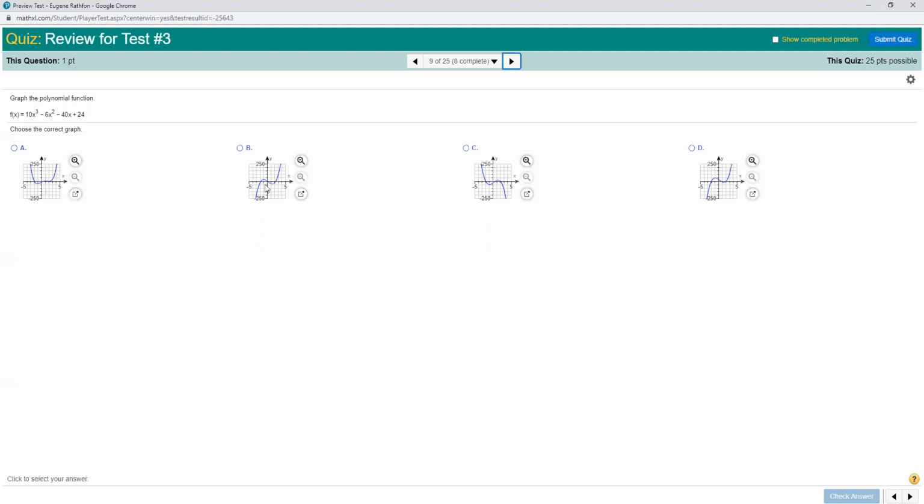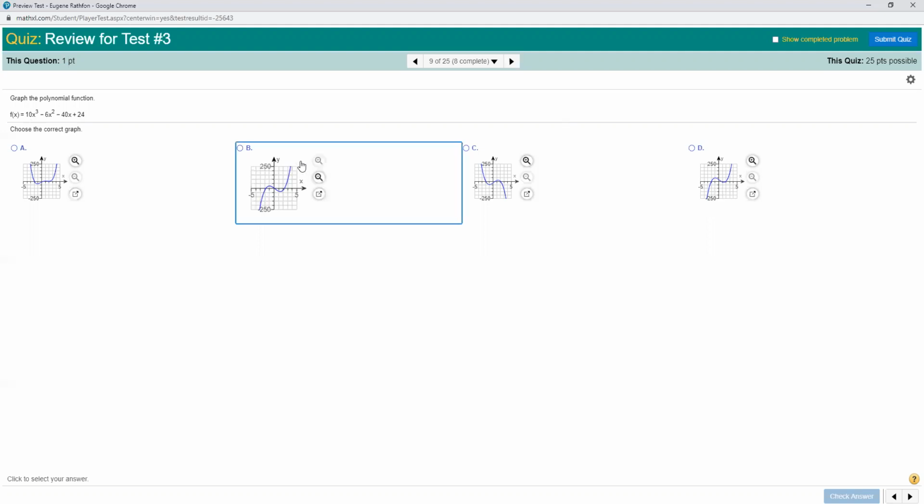Well, look at this. B is going uphill left to right, and D is going uphill left to right. So when they both go uphill left to right, you want to look at that last number, which is 24, because that's the y-intercept. So does B look like it's crossing 24, or does D look like it's crossing 24?